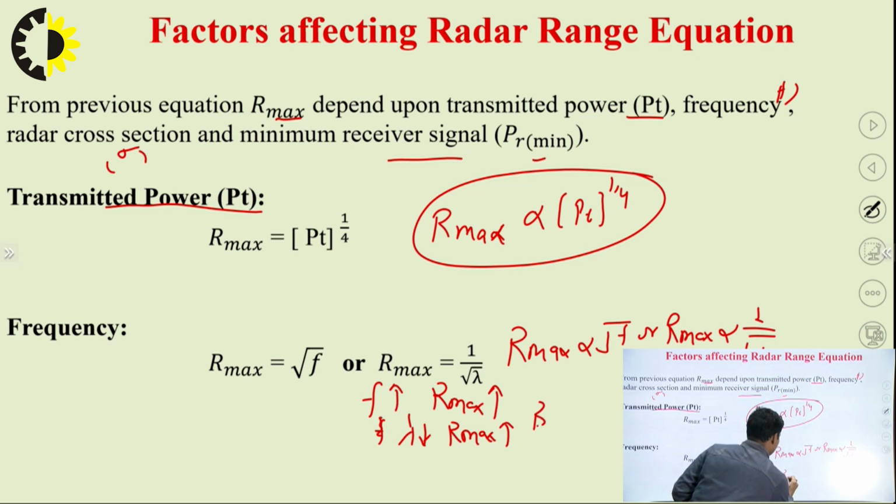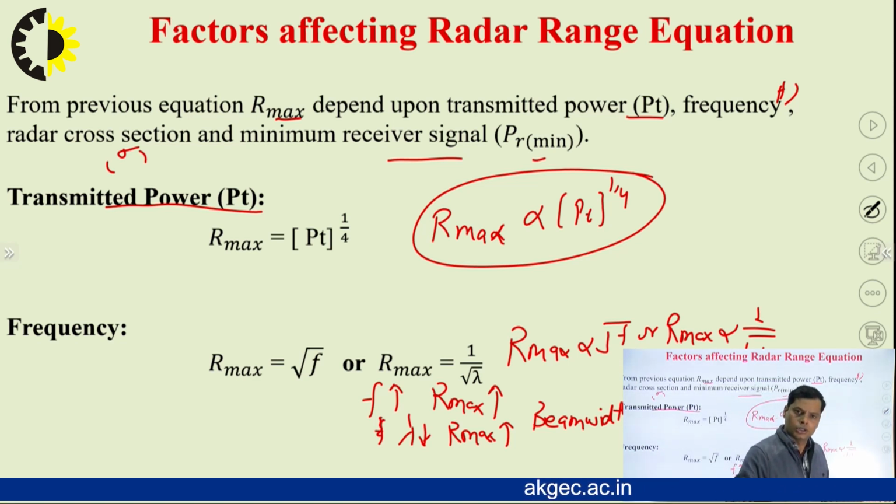So beam width of antenna is proportional to lambda by d, where d is the diameter, for example if we are considering the parabolic antenna, so this is the diameter.